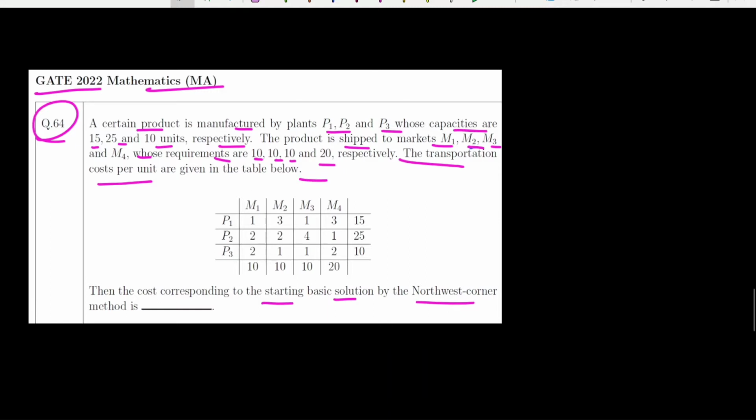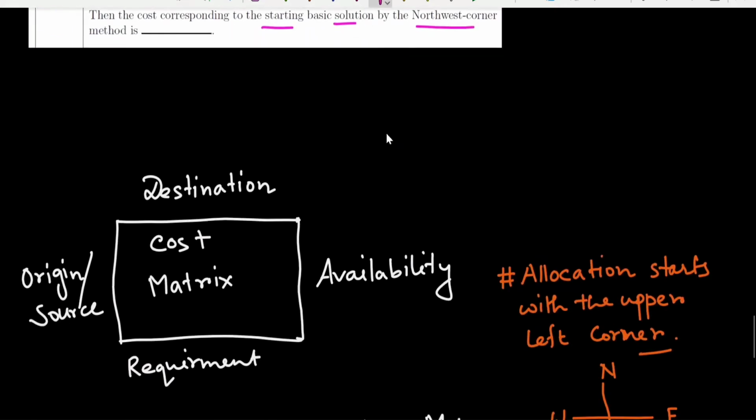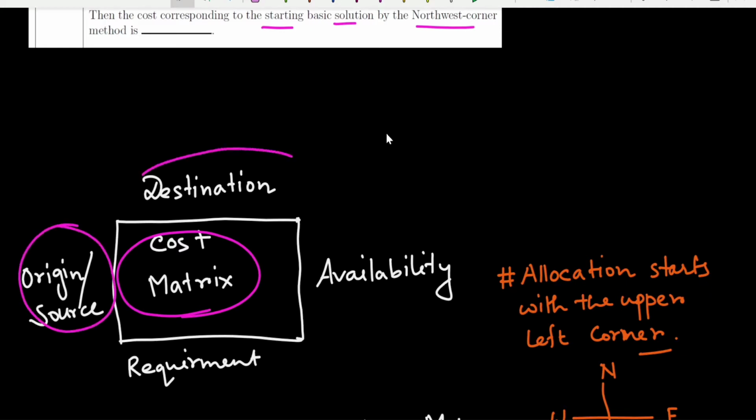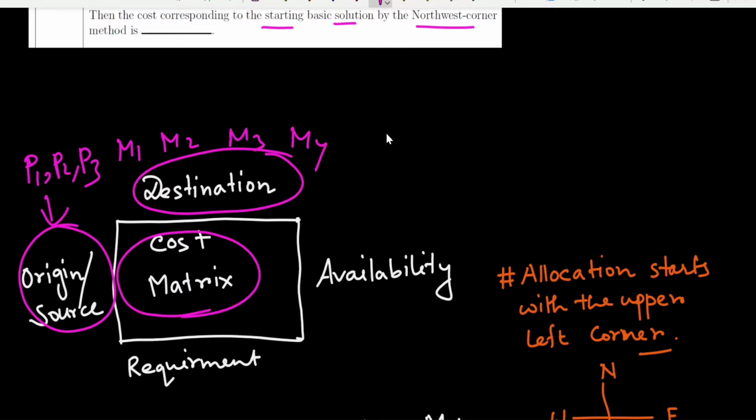So first we need to understand the structure of a transportation problem. This is the common structure. This is the cost matrix, these are the origins or sources P1, P2 and P3, and these are the destinations M1, M2, M3 and M4, that is the markets.